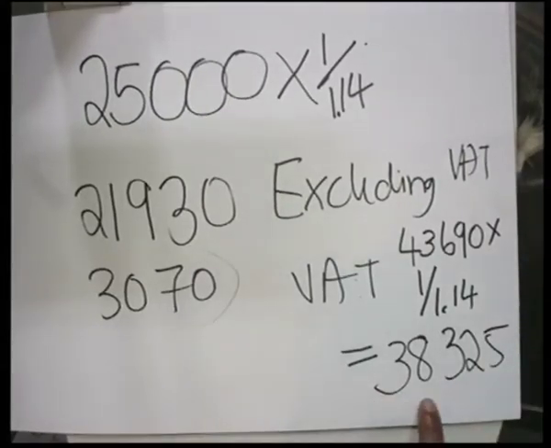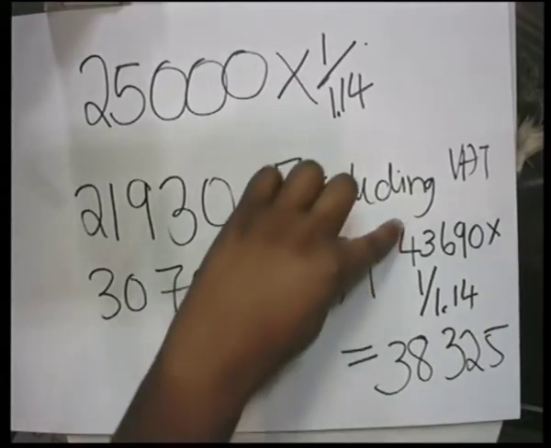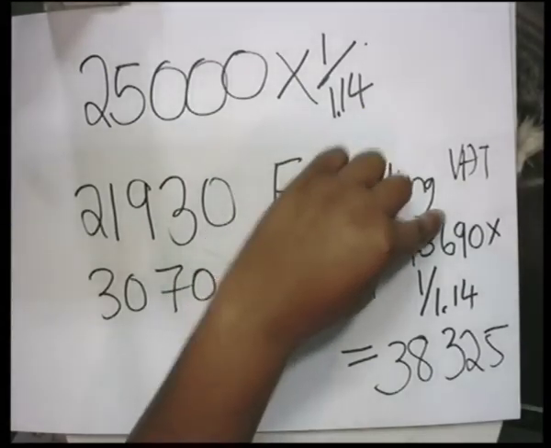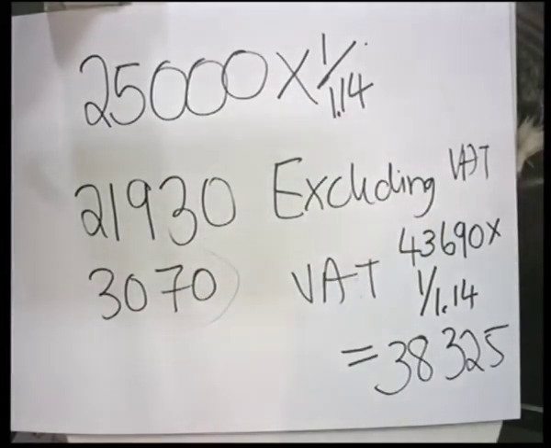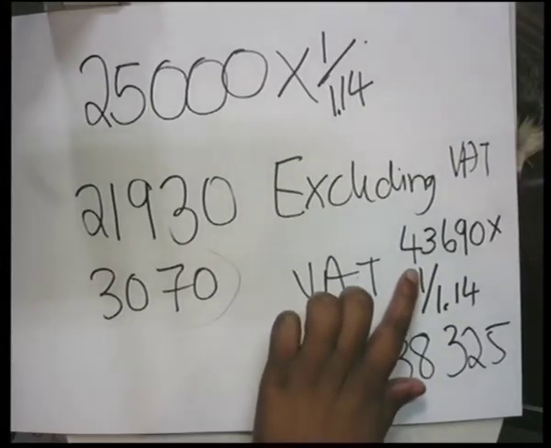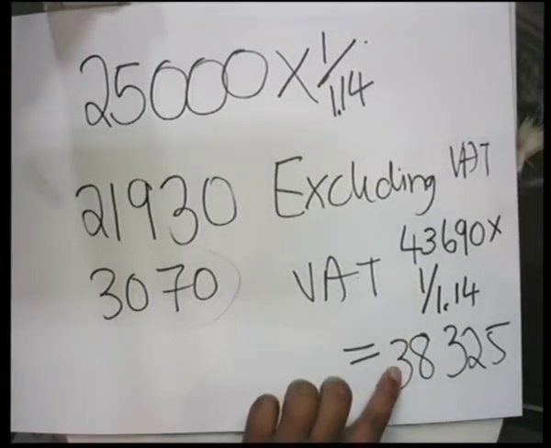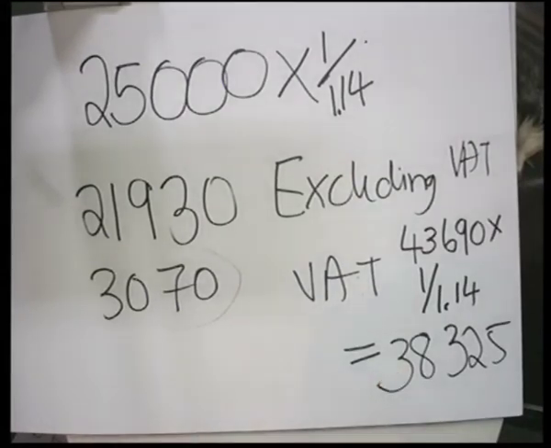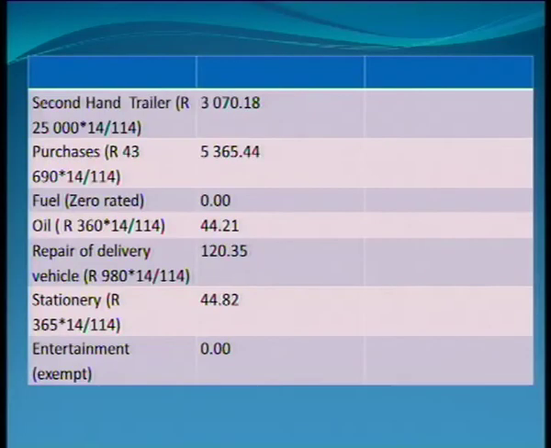So this is the amount that they only had to pay if the VAT was not included. The 43,690 is the amount including your VAT. If we say 43,690 minus 38,325, then we get our VAT amount of 5,365, as you can see on the PowerPoint presentation.